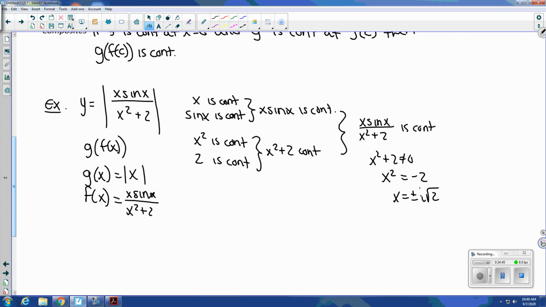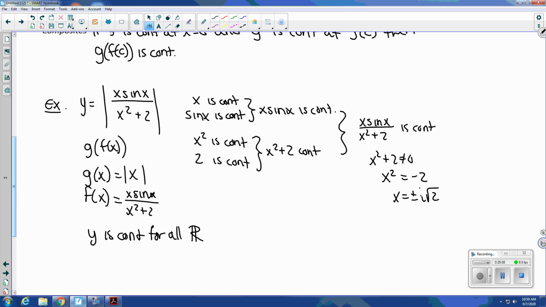And we know that if it's continuous, then g, when I evaluate g at f, will also have continuity based on that composition rule. Absolute value is also continuous for all real numbers. So that means that y is continuous for all real numbers.